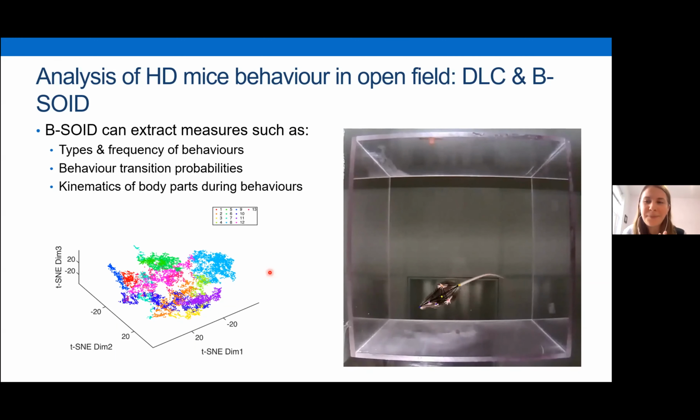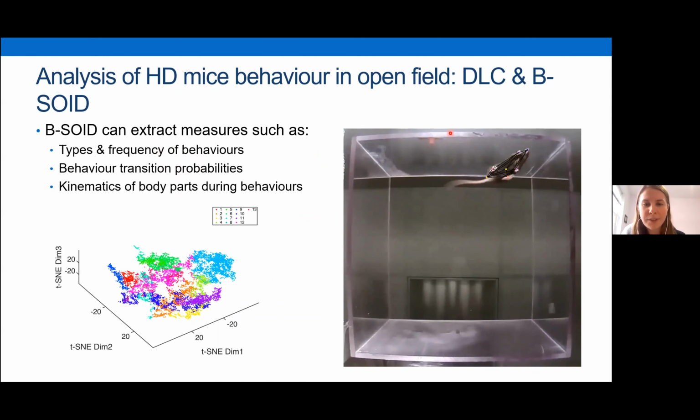I'm not going to go into detail, just for time, but if you're interested, you can ask me later about some of the preliminary data that I've gotten from this analysis. You can look at things like the types and frequencies of behaviors, behavior transition probabilities, and kinematics of body parts during behaviors using this analysis.